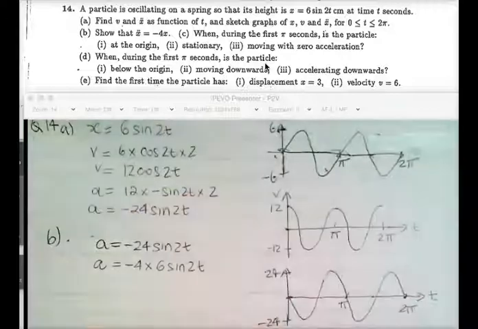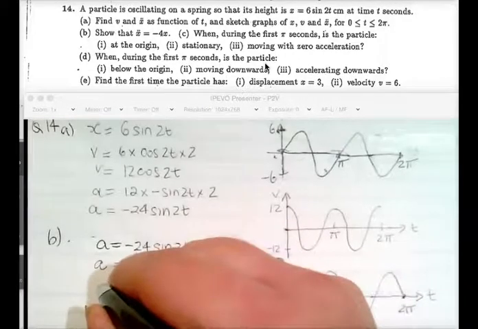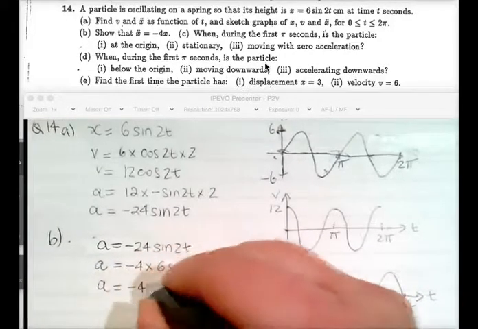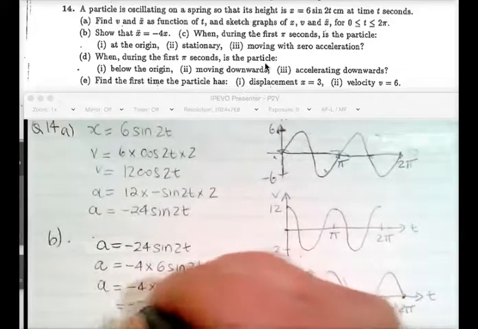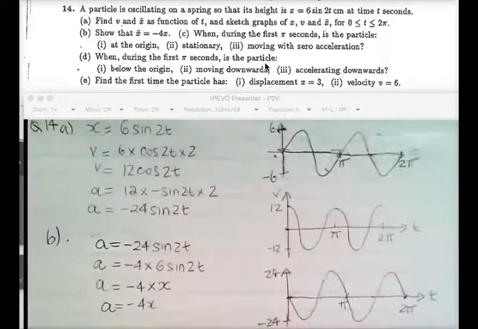That's what acceleration is, which is, acceleration therefore is negative 4 times x, which is negative 4x.